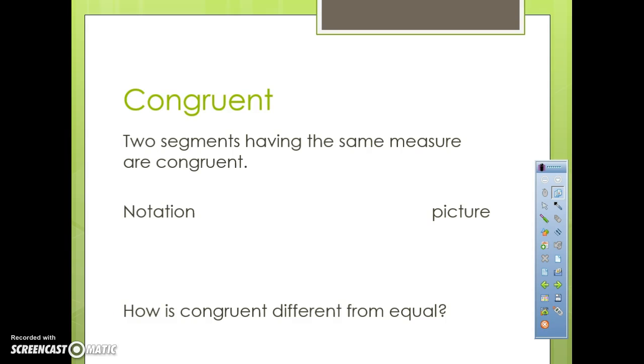Two segments having the same measure can be congruent. Angles can be congruent, even figures can actually be congruent.